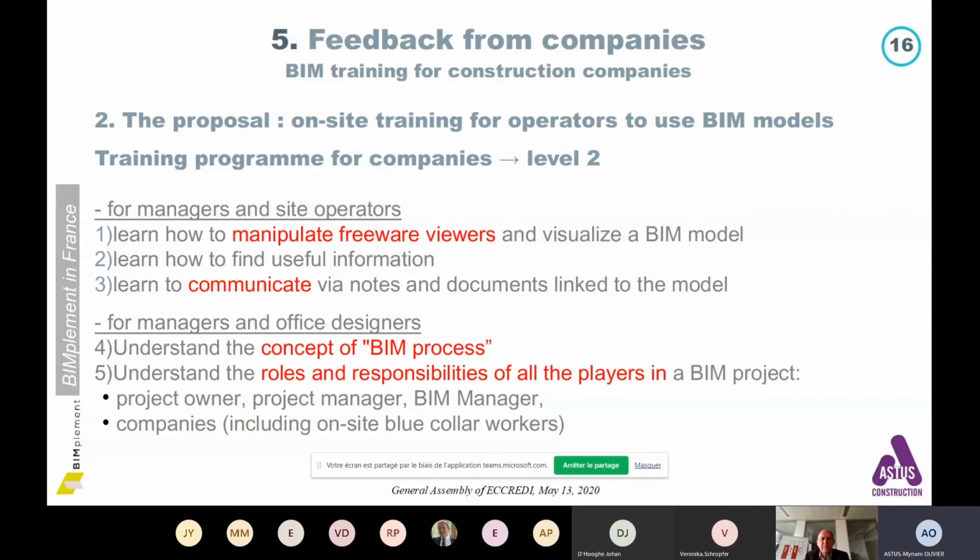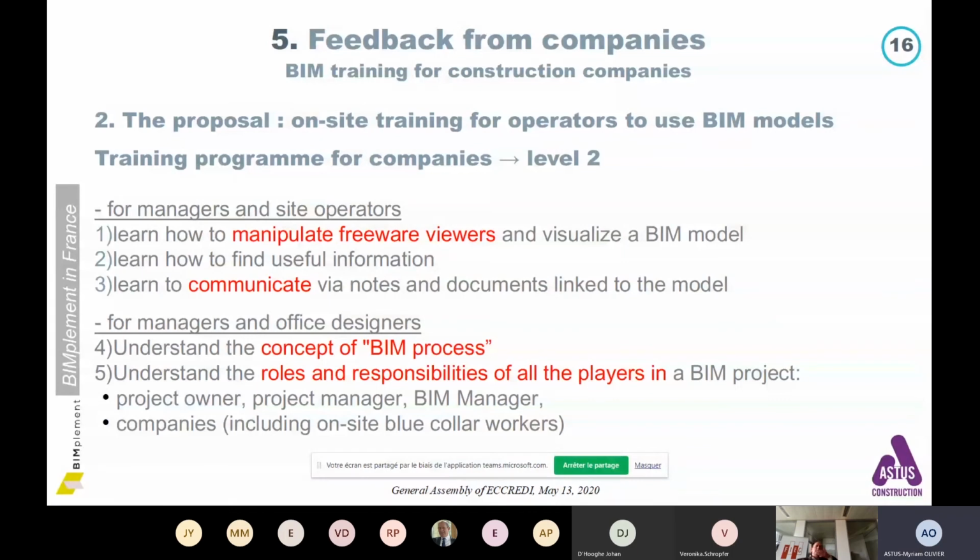To get there, we developed a training for managers and site operators whose objective is to enable them to use the basic tools of a viewer, as presented at the beginning of this presentation. And second, usually it's the first to be trained: we train managers and office designers to understand what the BIM process means and what the roles and responsibilities of all the players in the BIM project are.